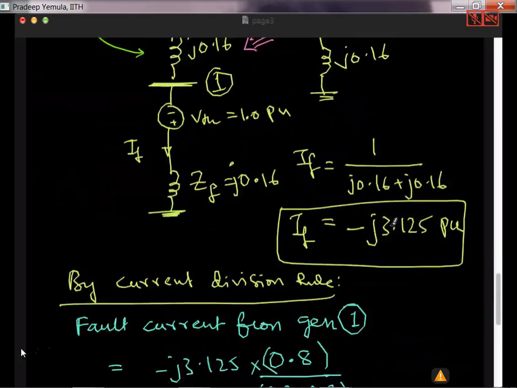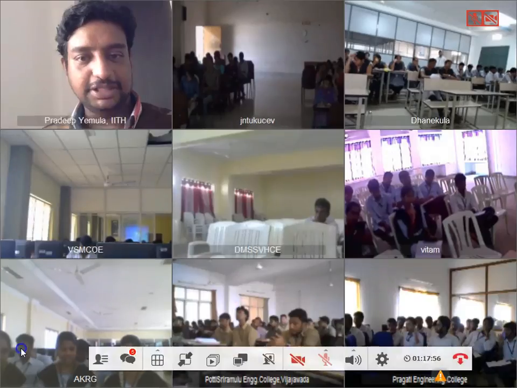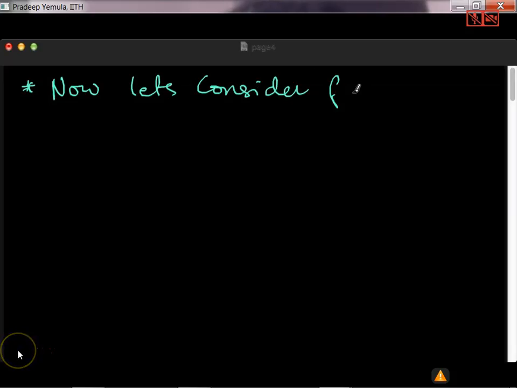Okay, now what happens if there is a fault at bus 2? So now let me go to the fault at bus 2.